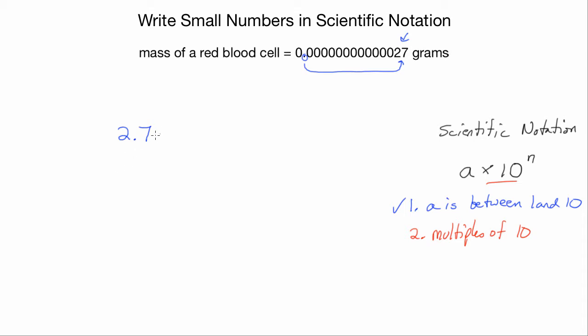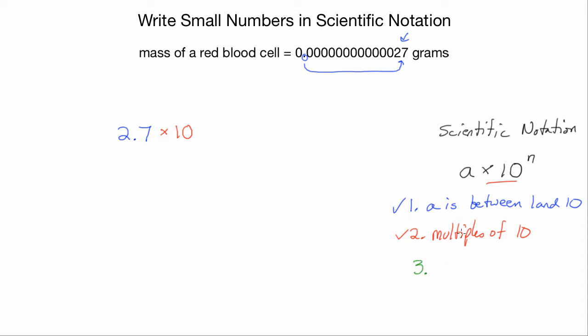So we moved our decimal place, and we have to recognize that every time we move our decimal, that's a place value, another multiple of 10. So there's my times 10. Check, got that. In scientific notation, the first number has to be between 1 and 10, and we always have to be multiplying by 10.